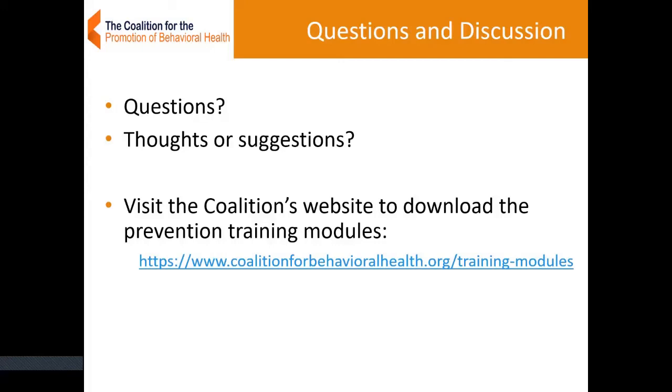So it's a great question, and something that you can get more information on in these modules, particularly that first module, and in related literature that's cited in the modules.